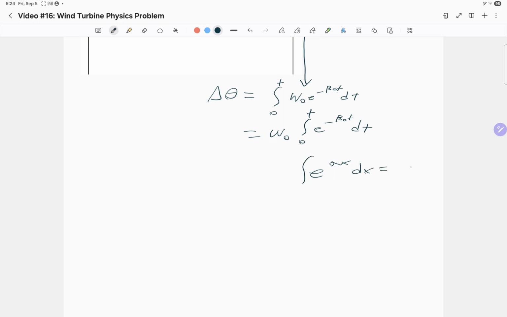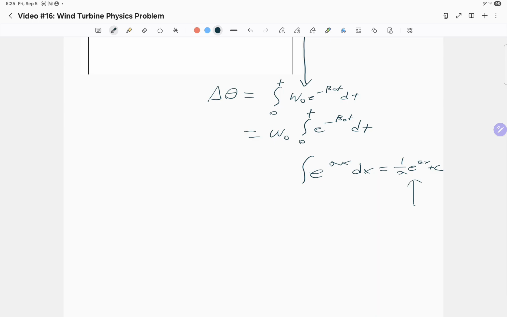It's going to be of the format 1 over a, e to the ax, plus c, right? That's an integral that they give you on your physics equation sheet when you take this exam. So you don't even need to recognize this integral and mentally figure out the antiderivative. They give that to you here. So that is on your equation sheet or something very similar to that. I think they use a. The reason why that works is if you took the derivative of this side here.